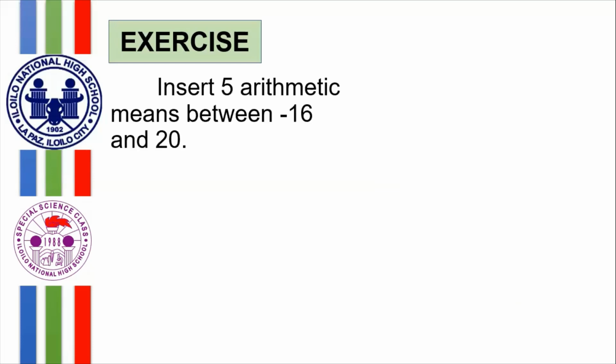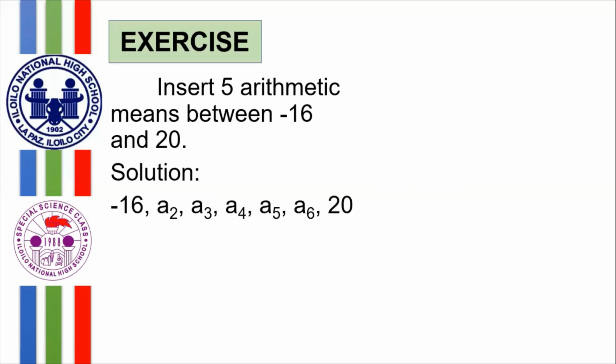Let's have one more. Insert 5 arithmetic means between negative 16 and 20. You may pause this video, give this problem a try, and if you know the answer, you may play the video and check if you got it right. Let's have the solution.